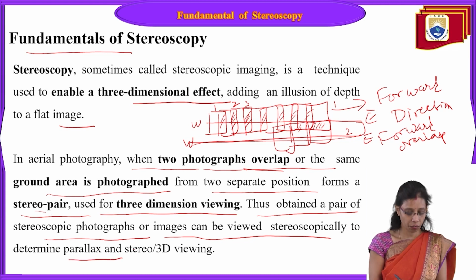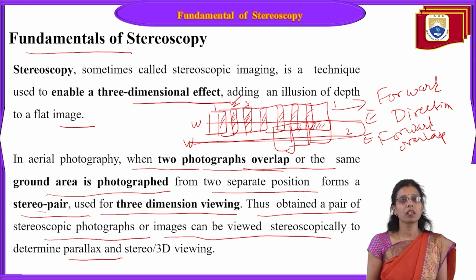Parallax is very important to determine the height of the object. When we have a stereo pair of photos, like photo number 1 and photo number 2, with the help of that stereo pair we are able to determine the height of the object. That is called parallax.